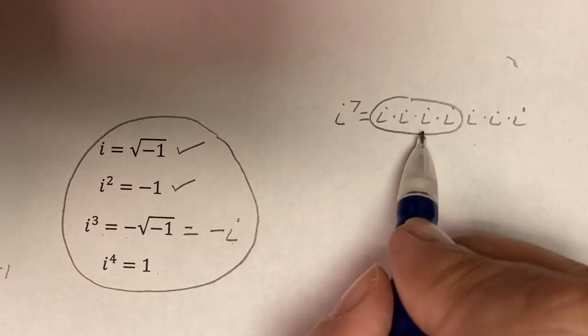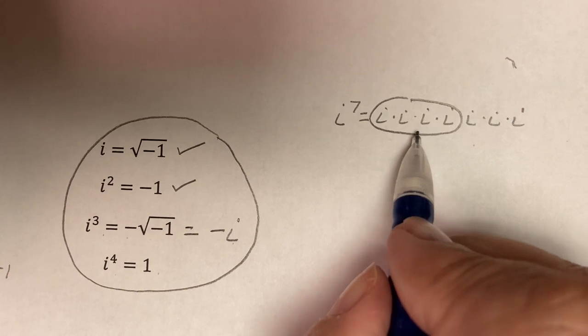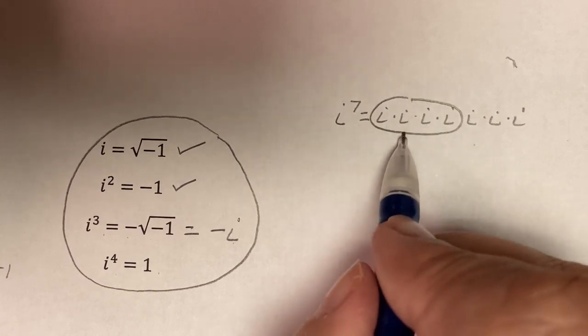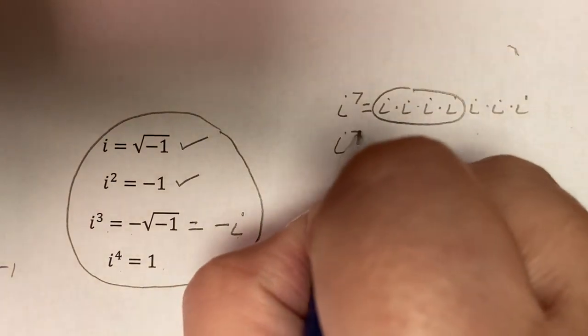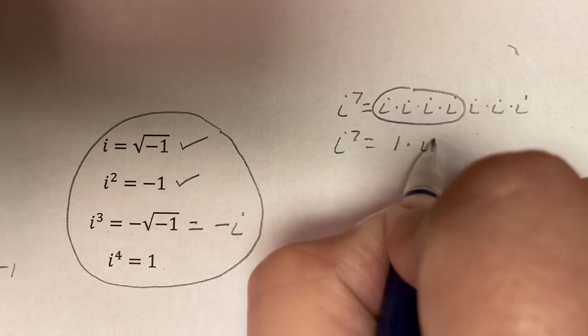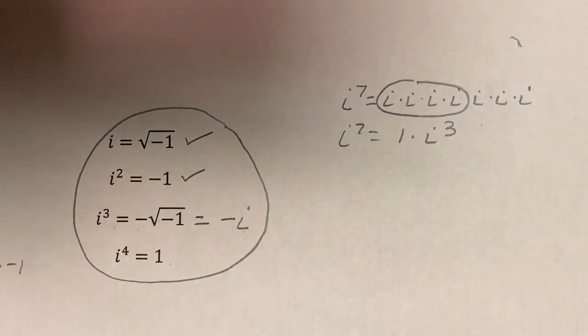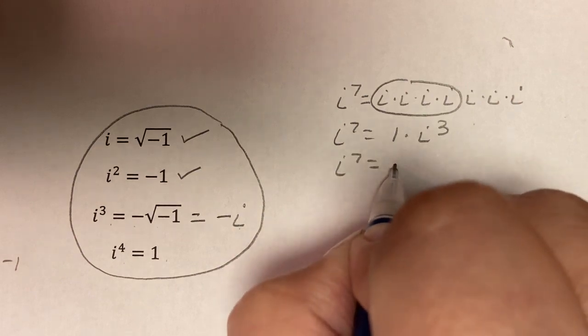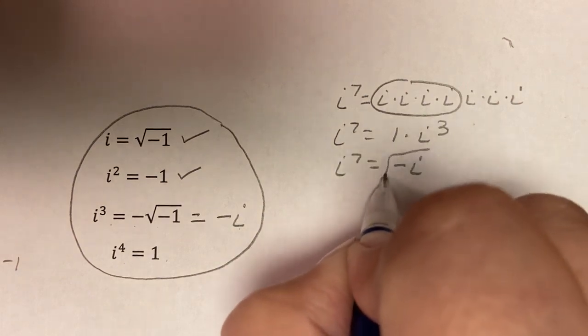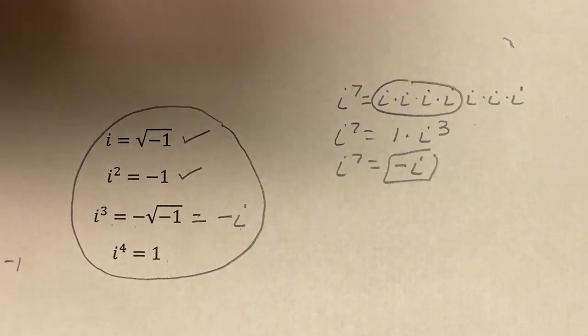Well, what is i to the 4th power? It is 1. Every time you circle 4 i's, they just disappear, because then it becomes 1 times. So that's 1 times i cubed. And what did we just say i cubed was? It is negative i. So i to the 7th is negative i.